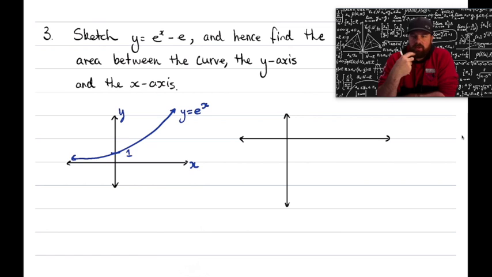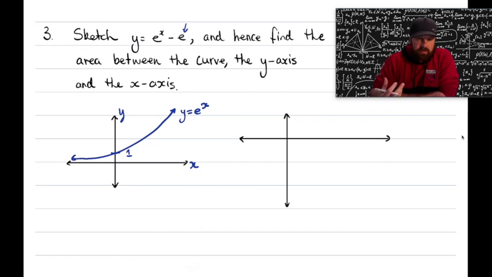We're going to have a very similar scenario here. Sketch the curve y equals e to the power of x minus e. This e at the end here, pay very particular attention to it: it doesn't have an x with it.